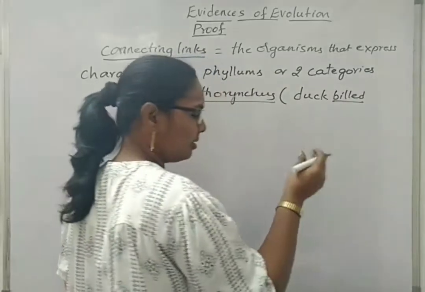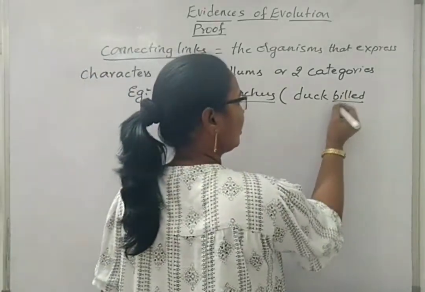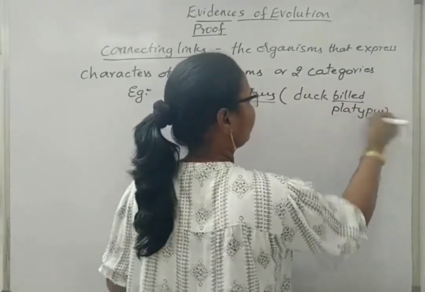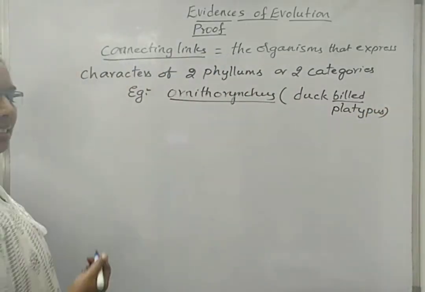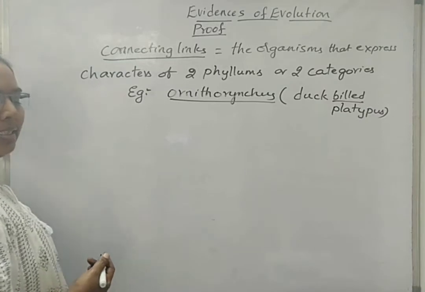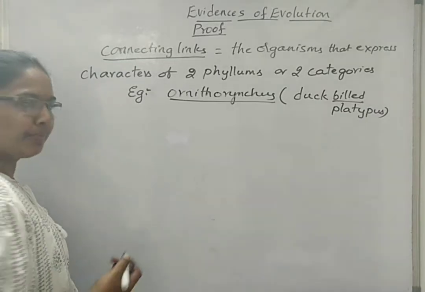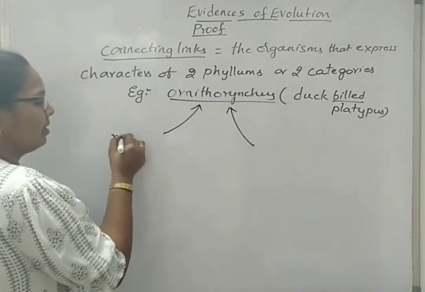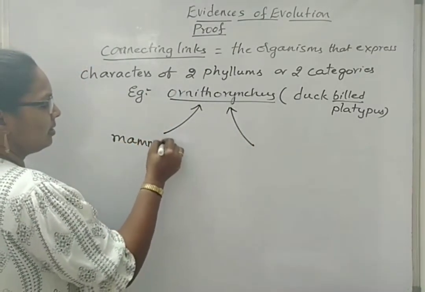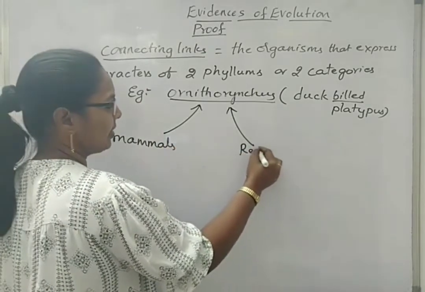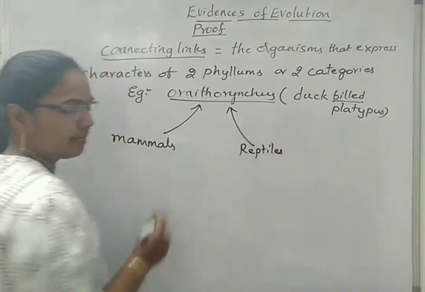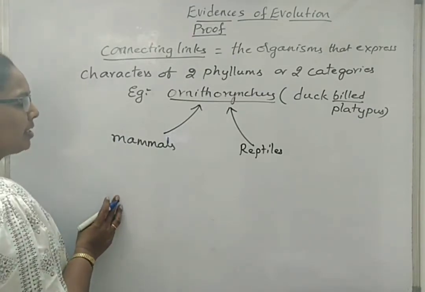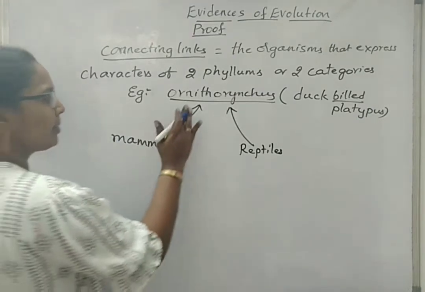Bill means the front bony structure. So it is considered a connecting link between mammals and reptiles. Another example is also there, which is a connecting link between mammals and reptiles.